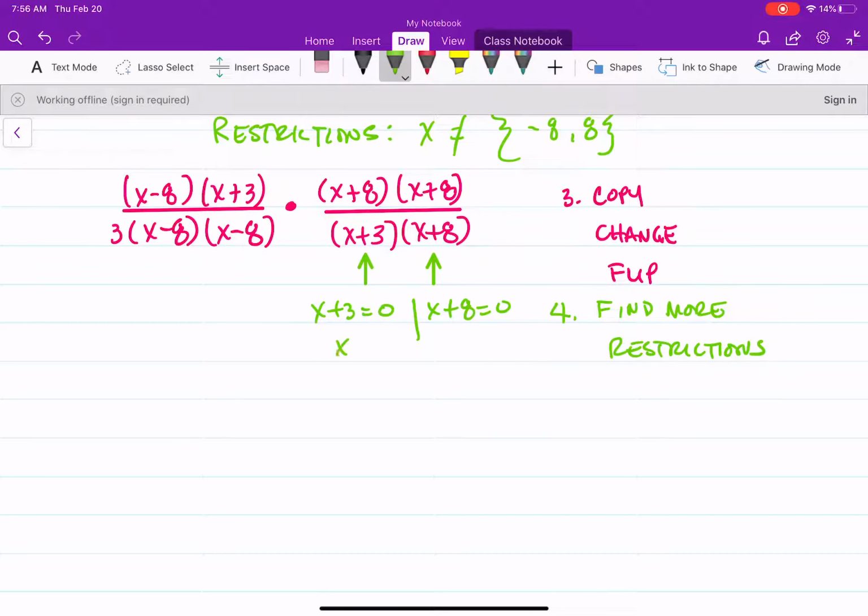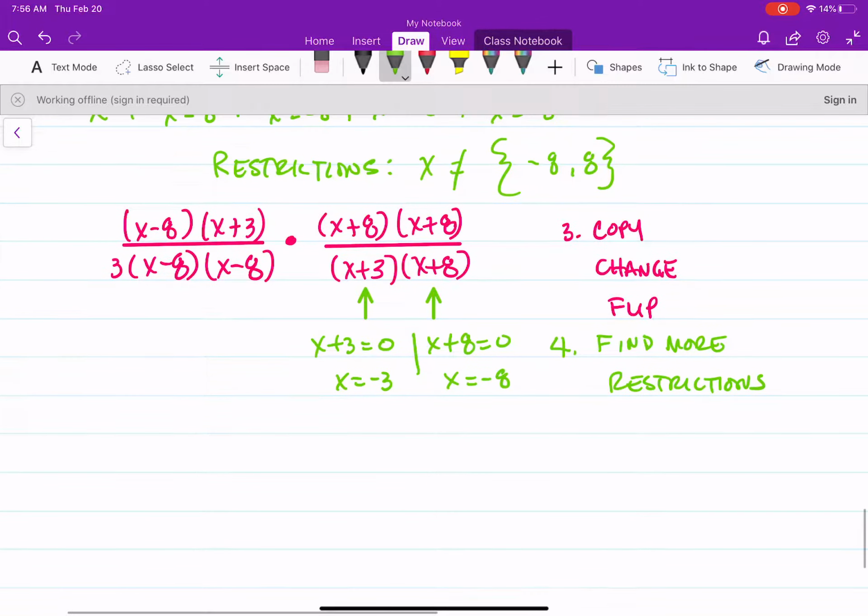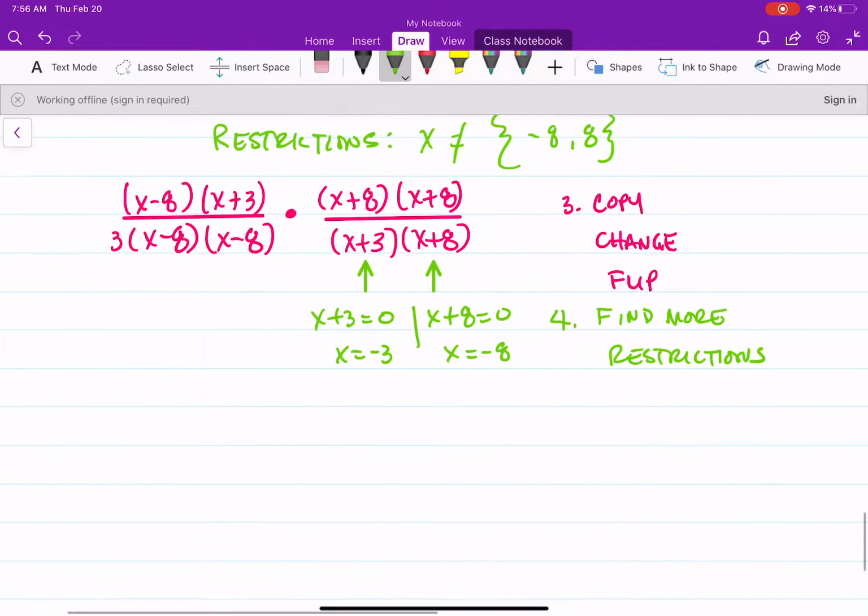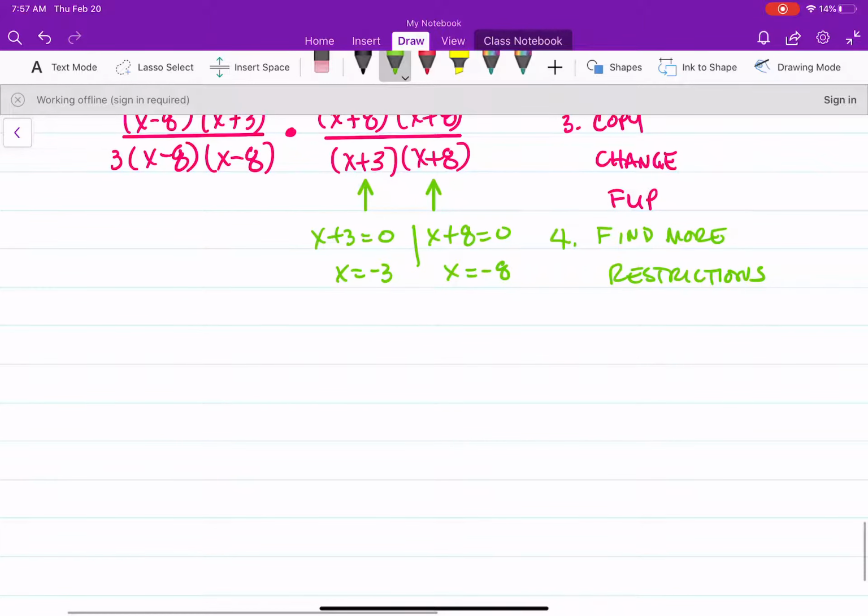So we got x equals negative 3 and x equals negative 8. Well, in my restrictions, I already have negative 8, so I just have to add the negative 3 in there. So essentially, my restrictions now are x cannot equal to negative 8, negative 3, and 8.